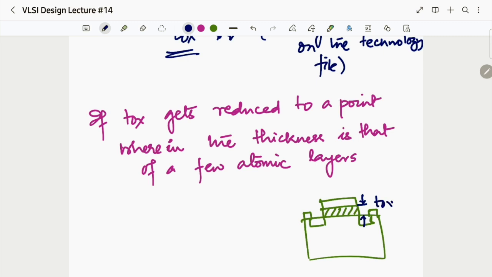Over here, this becomes my thickness of oxide. If it is getting so thin that it is only a matter of a few atomic layers, what will happen?